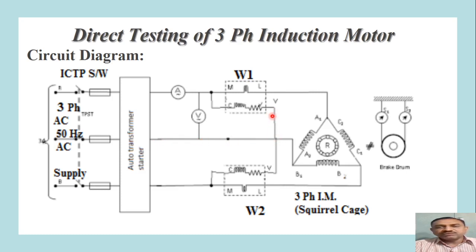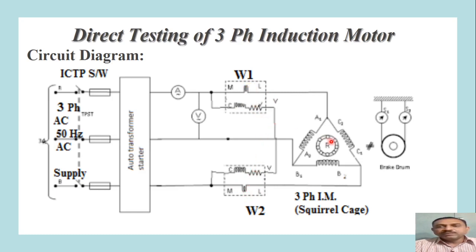So this connection is very important. If the wattmeters are of the analog type, then we need to first calculate the multiplying factor of the wattmeter. This multiplying factor should be multiplied by whatever reading is obtained from W1 and W2 once we test the machine as per the process.